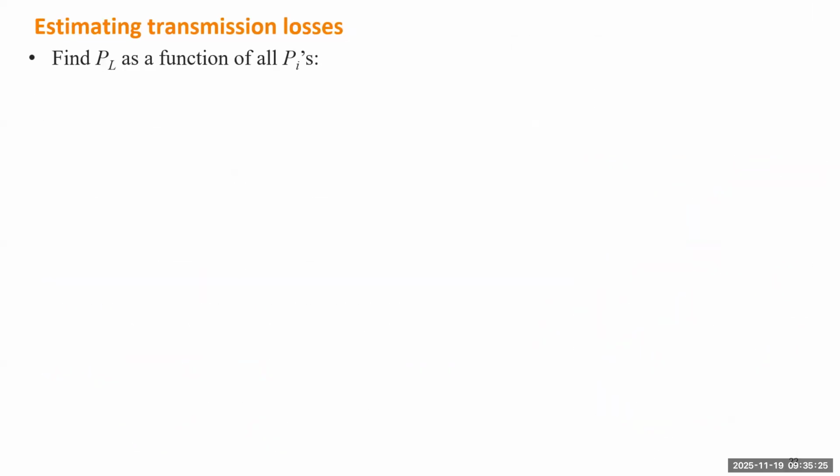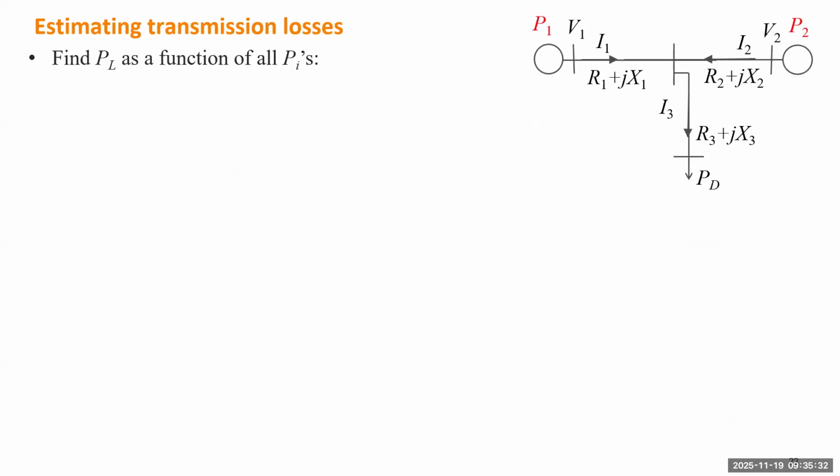So let's find the transmission loss as a function of all generator outputs. If we use this simple system as an example, we have two generators connected through two transmission lines to power a load. That's just a single load. So the system has only 3 branches.